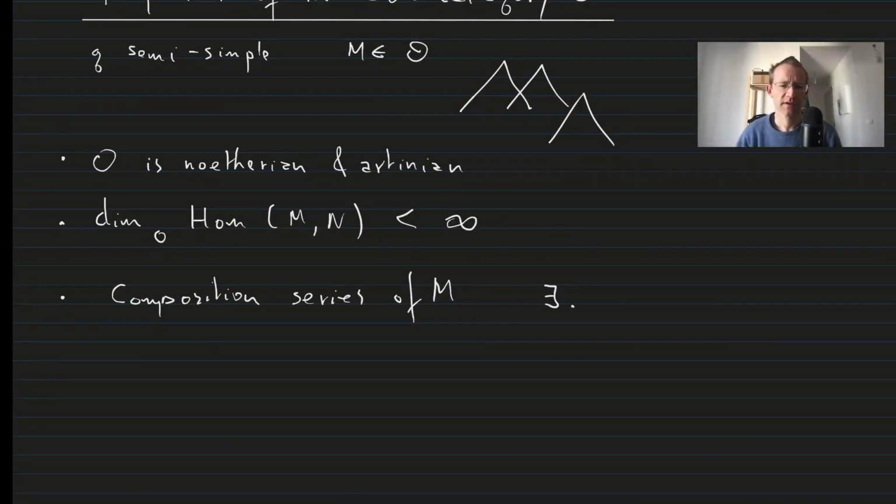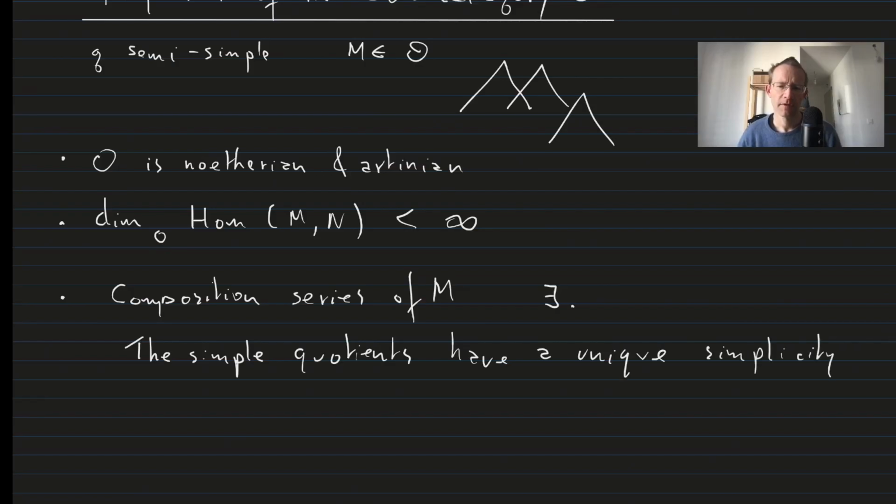First of all, it exists, it's not unique, but the simple modules, which are the quotients of the consecutive embeddings of modules inside each other, so the simple quotients, have unique multiplicity, so independent of the composition series. And this multiplicity will be noted [M : L lambda], where L lambda is the simple module, as we've seen before.